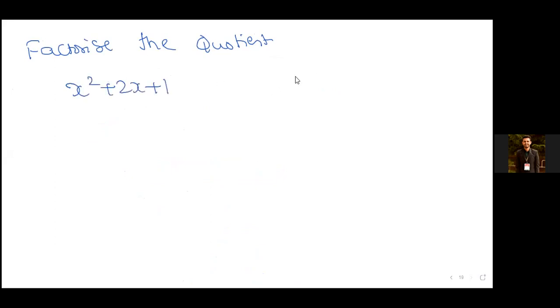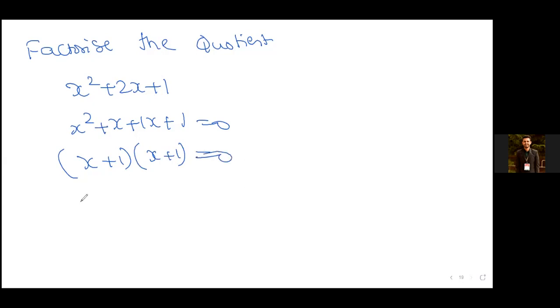So when we factorize this term, we get x square plus x plus x plus 1. This is x plus 1 into x plus 1, which is equal to 0. Therefore, x is equal to minus 1 and x is equal to minus 1.